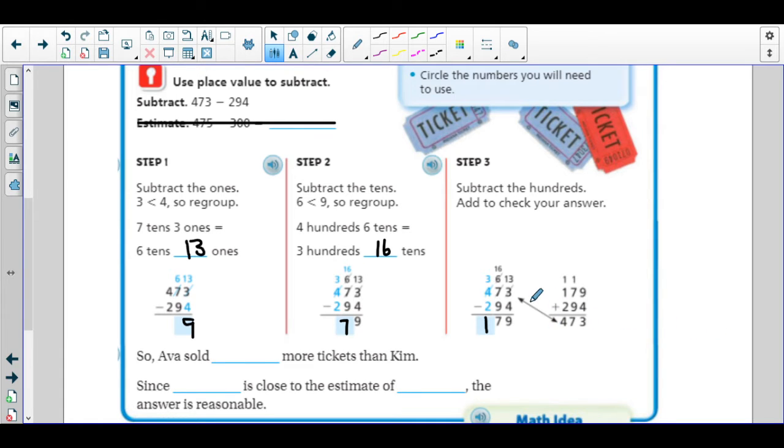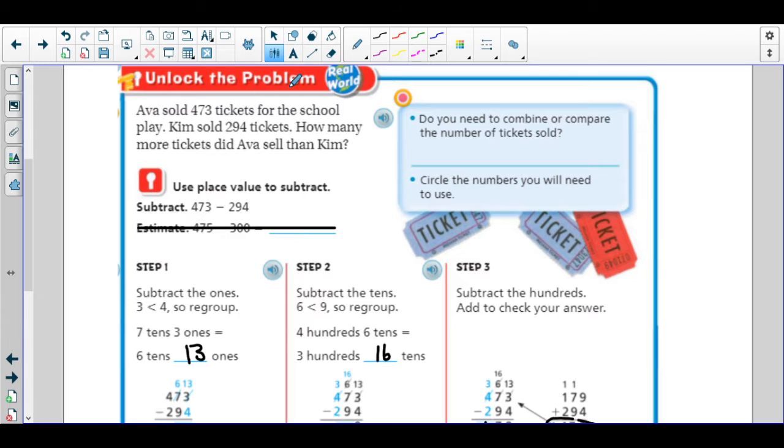Now, how we can check that is to take the answer that we got right here, 179, and add it to what we subtracted. And if we add it, we should get the same number that we started with right here. So, heading back up here, which I don't think I read the problem. Ava sold 473 tickets for the school play.